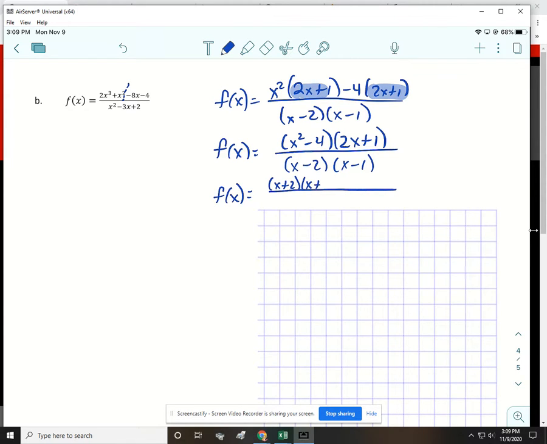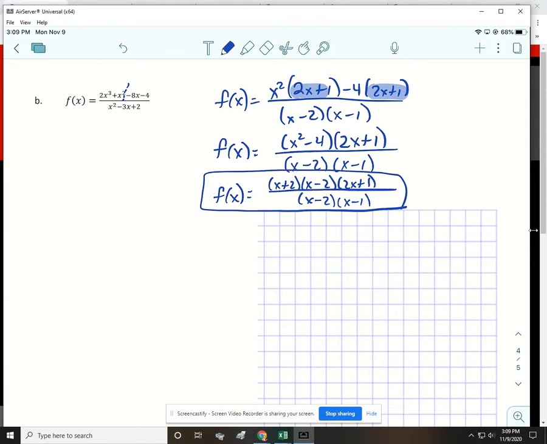So this right here is my final, oh my goodness, sorry. All right, this is my final factorization.